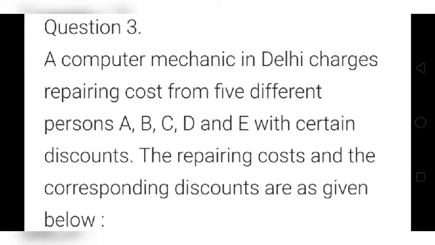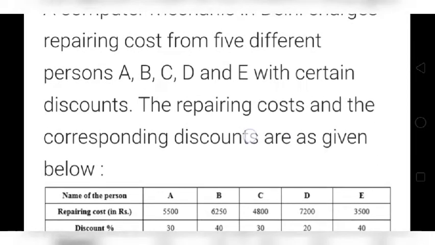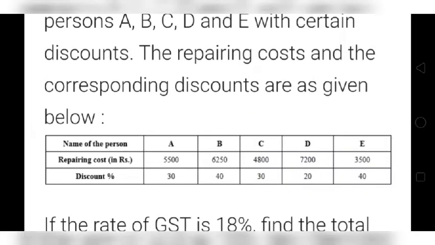Today's question is exercise number 1A, question number 3. A computer mechanic in Delhi charges repairing cost from 5 different persons A, B, C, D and E with certain discounts. The repairing cost and the corresponding discounts are given as below.